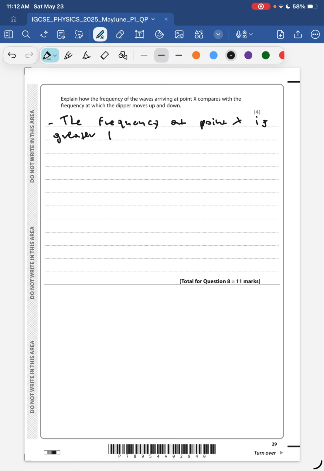So it's greater than the frequency the dipper moves. This is because the dipper is moving towards X.